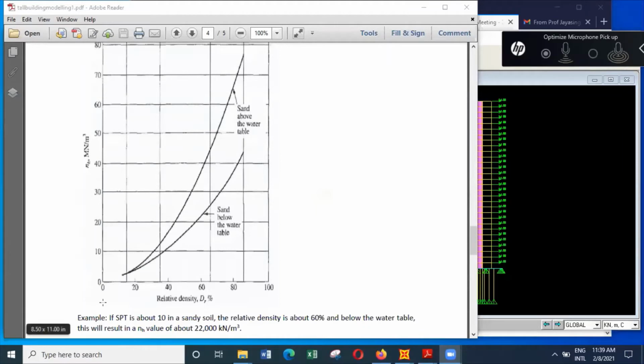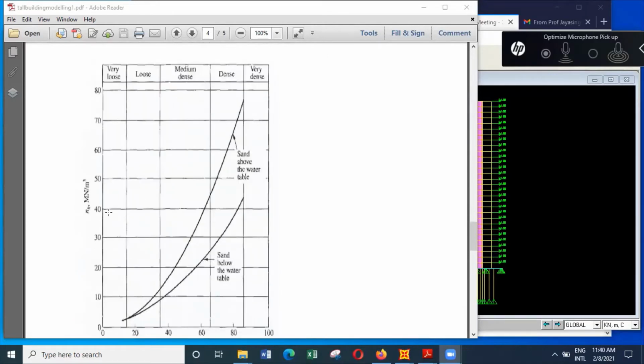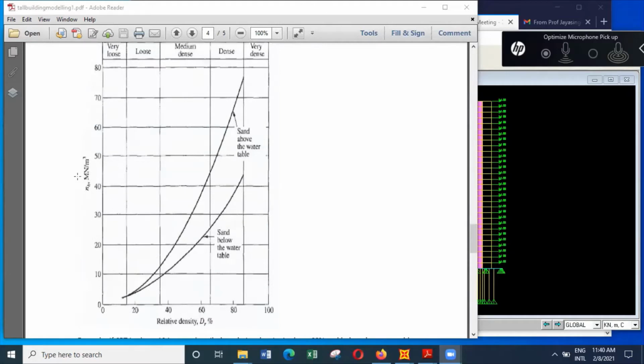Then, based on the relative density, we can make use of this particular curve. This is the relative density, and then this is the nh value. So if the relative density is about 60%, when you come this way, you can see the nh value is a little over 20, but you can see it's in meganewtons per meter cube.